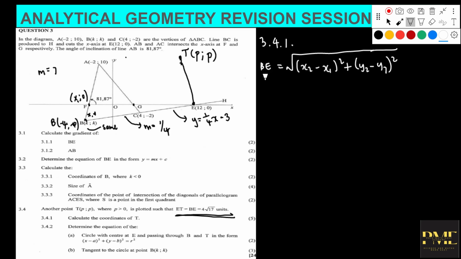Then asifakeleke, so basitshelile ukuthi BE ubani u4 root 17. So sino 4 square root of 17 is equal to the square root of, sisafakela. Okay, so let's just make that our x1, that our y1, and then that our x2, and that our y2.